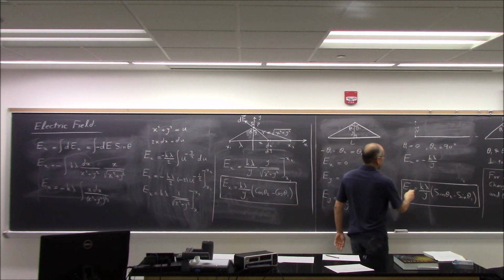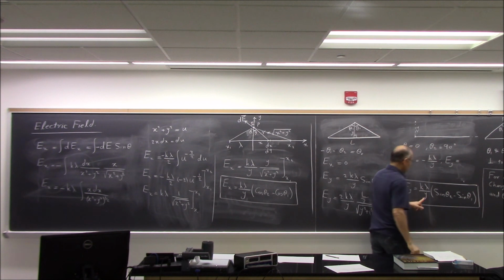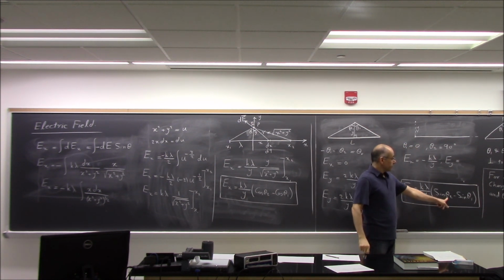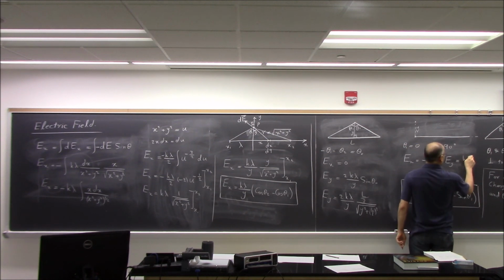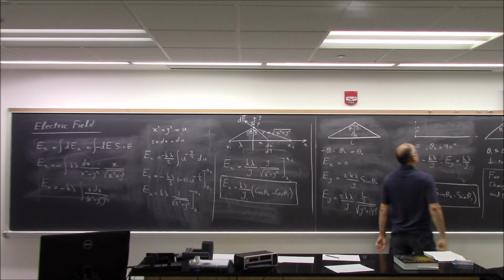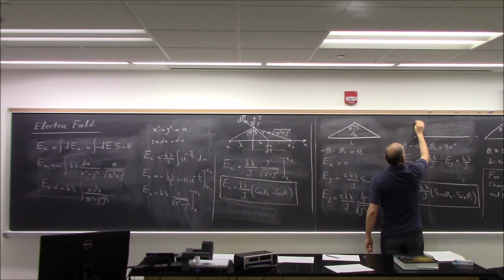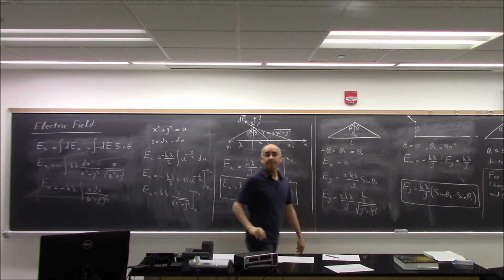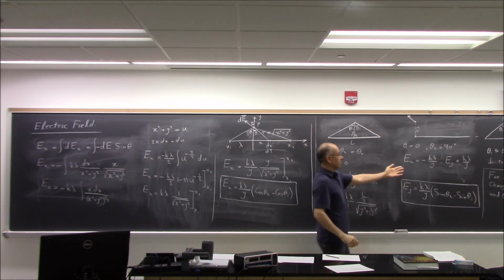And Ey will be sine theta 2, which is 1, minus sine theta 1, which is 0, so you get k lambda over y. You see these have the same magnitude, meaning the angle of the electric field is at 45 degrees. And it has both components like that.